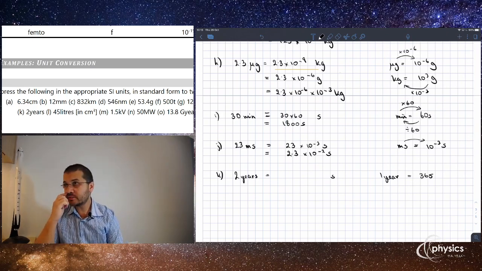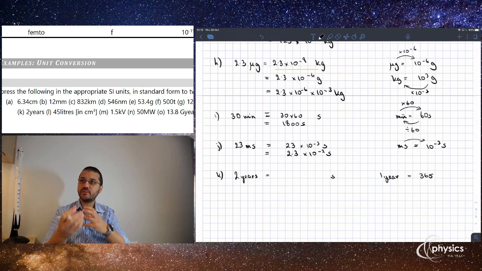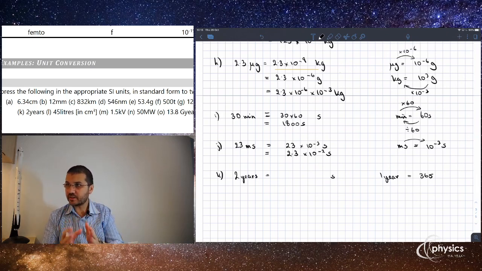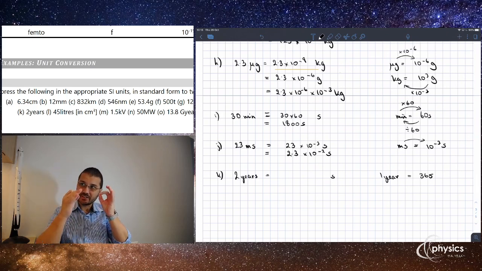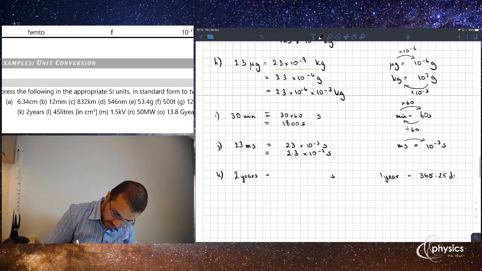Although in 1 year there are 365 days, you know that every 4 years we have a leap year, with an extra day. So, since normally we're not given the exact dates when we have to change from years to days, we don't know if there's a leap year or not. So, officially, the exam board gives that the amount of days in 1 year is exactly 365.25 days.